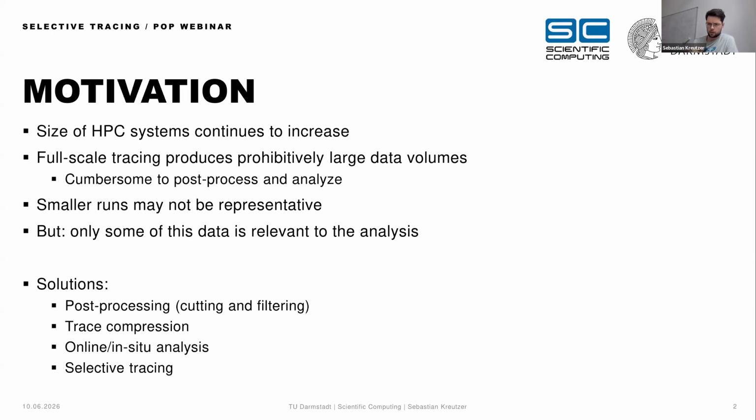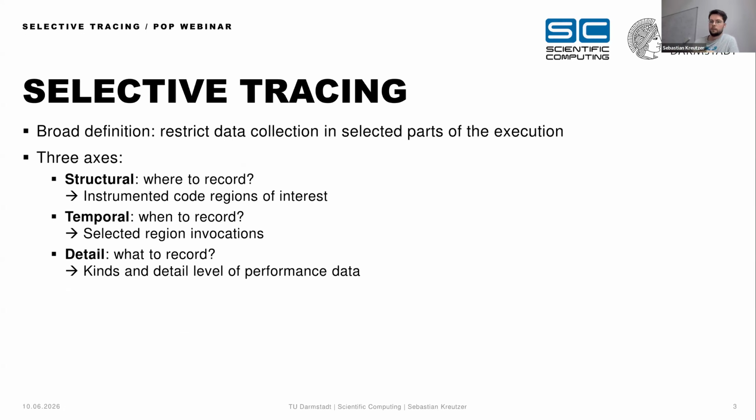And what I want to focus on here is the concept of selective tracing. As a broad definition, selective tracing means restricting data collection to selected parts of the execution. So instead of doing a full trace, you restrict data recording along 3 axes.